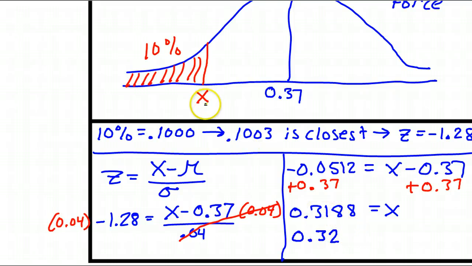So this x value over here, we just found it. It is 0.32. Please don't try to turn that into a percent just because it's a decimal. We already have a percent. So this is 0.32. And that is what we were looking for.